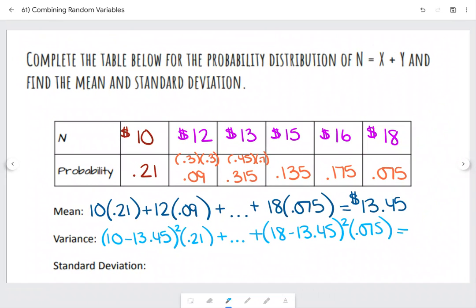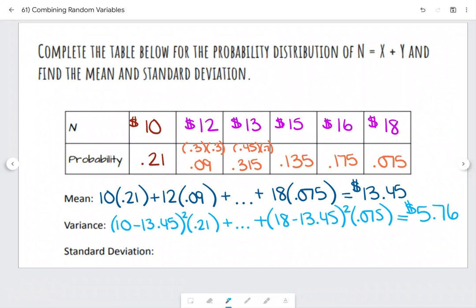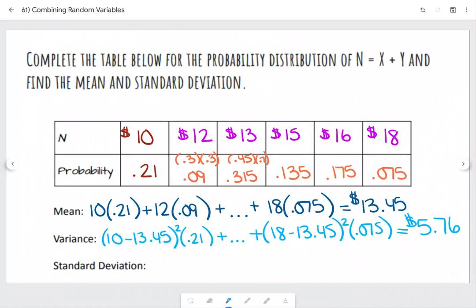So my variance here is roughly about a $5.76. And remember, our standard deviation comes directly from that. So we take that square root of the 5.76. So roughly our standard deviation is going to fall at approximately $2.40, let's say.